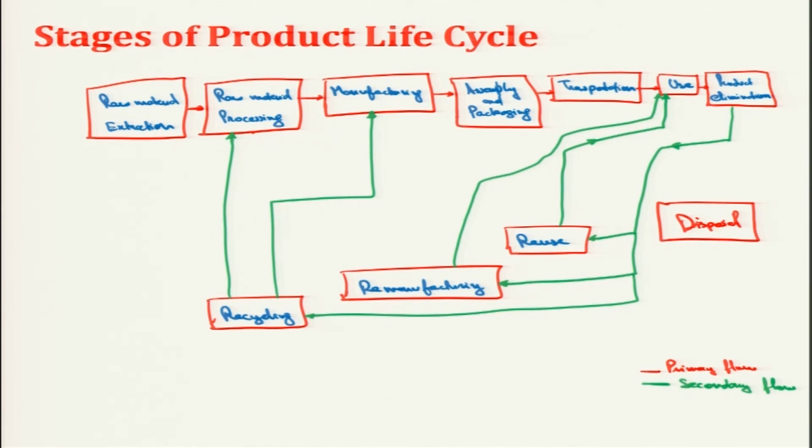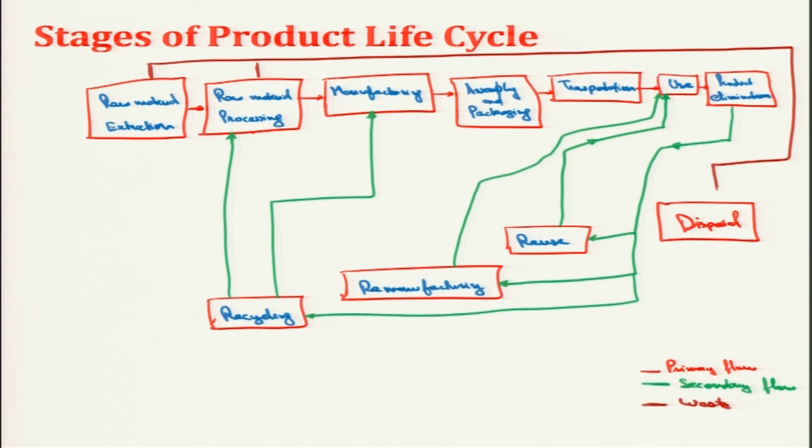In between we have waste. Waste comes here like this. I will put maroon color for waste. Waste goes to disposal. Waste comes from all these stages, from raw material processing, there comes waste here, from this direction, this direction, this direction.